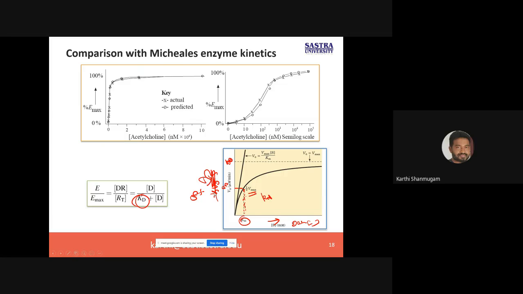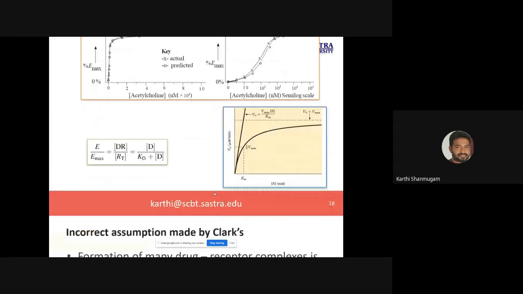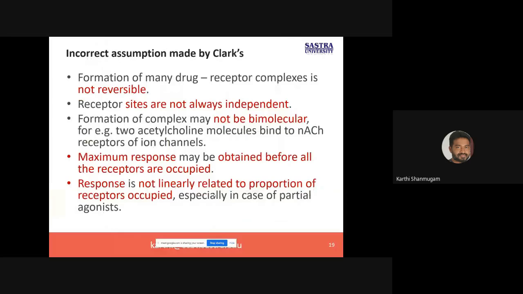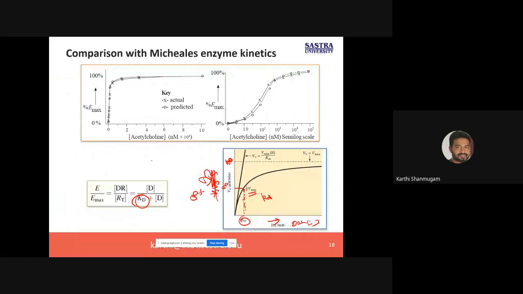Yes, sir. Yeah, that equation is what is called as the Clark equation. So he hypothesized everything based on some kind of assumption which he initially made, right? But all the assumptions he made are not correct. He made some mistakes in making the assumptions, because we cannot explain the biological response of all the drug molecules using this.